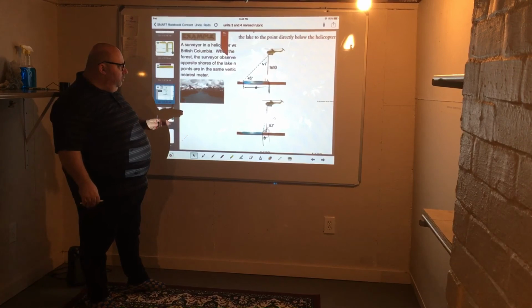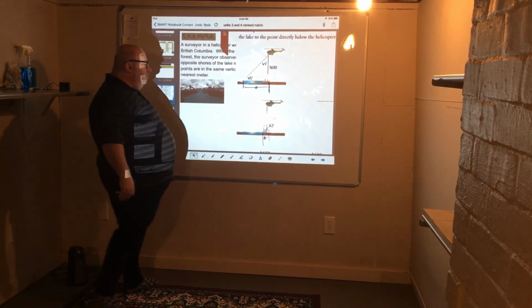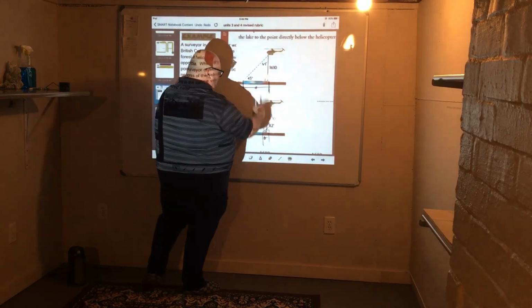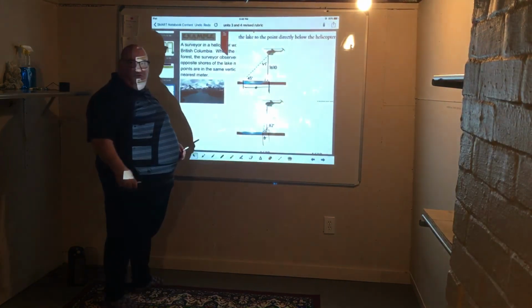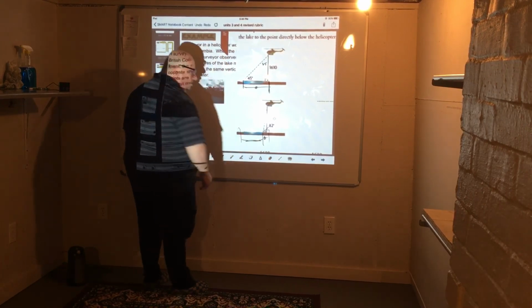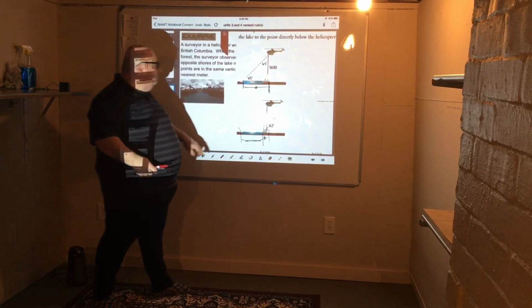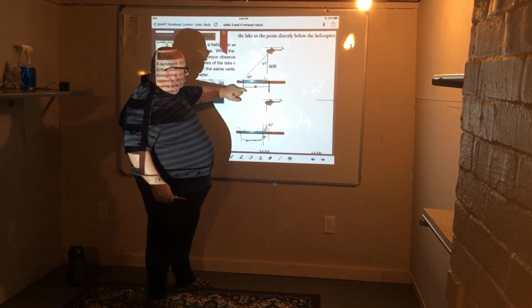So, in order to find the measurement of the lake, well, we take the long side and we subtract this little piece, and that remainder gives us this part in here, yeah? Okay. So let's see if we can move that up a little.